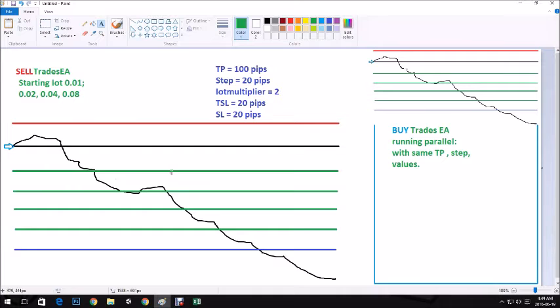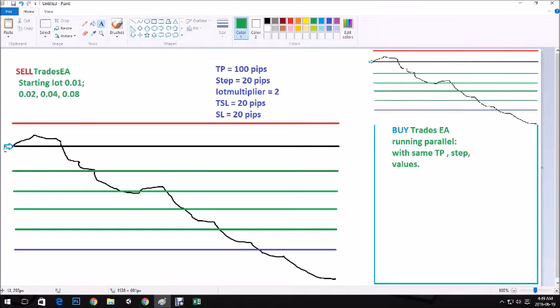Now let's discuss this part, where this arrow is showing our entry point. We have chosen our best case scenario for this particular example, where our market is moving down and down, which is best for sell trades.